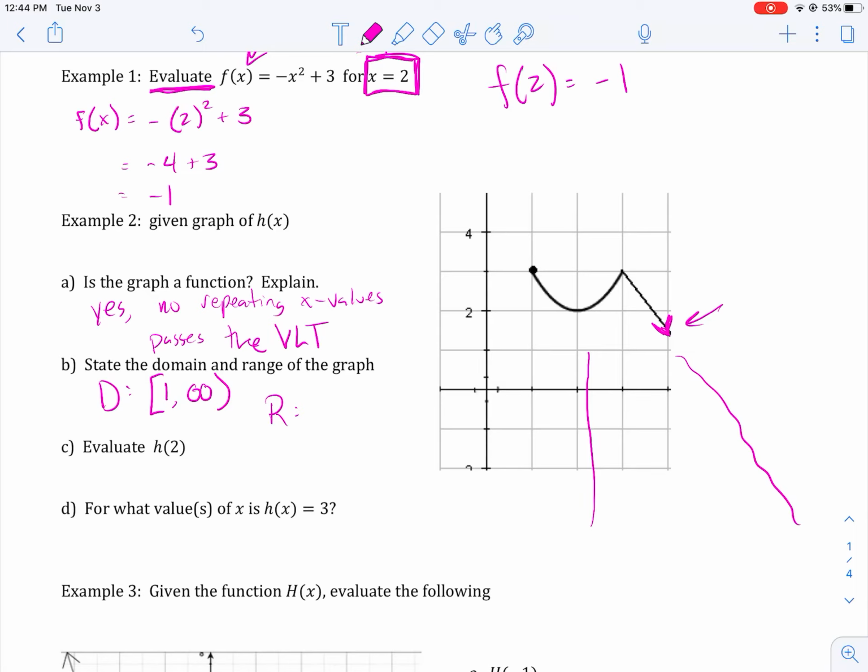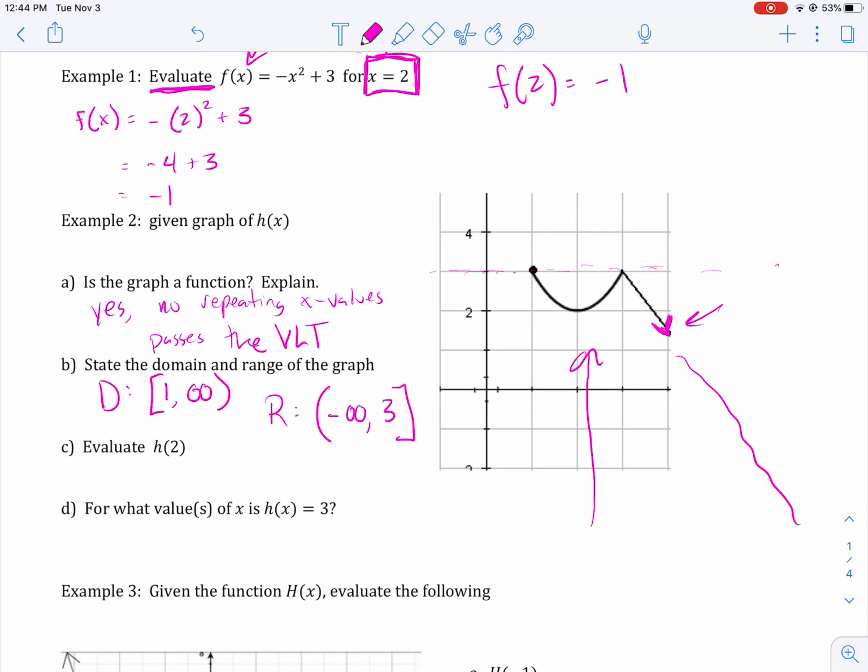And so our range, we're going to start at negative infinity, but as we go up towards the top, where's our ceiling at? Right here. When y is equal to 3, we want to include that value.